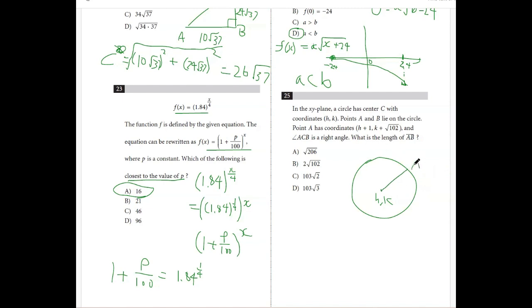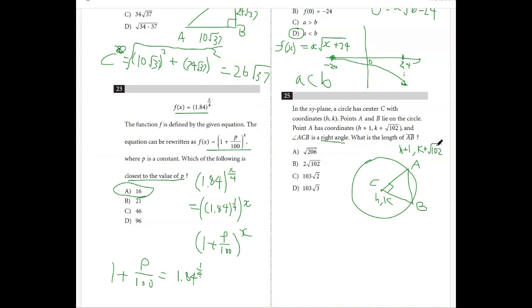So A and B lie on a circle. And this is 90 degrees because right angle means 90 degrees. So we're looking for this length from A to B, right? And this is h, k, and this is h plus 1, k plus square root of 102.